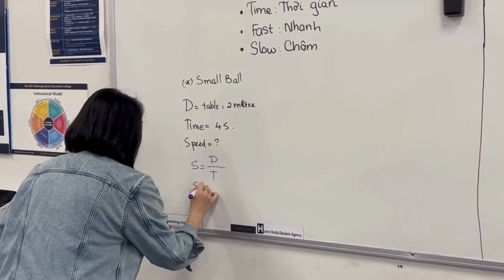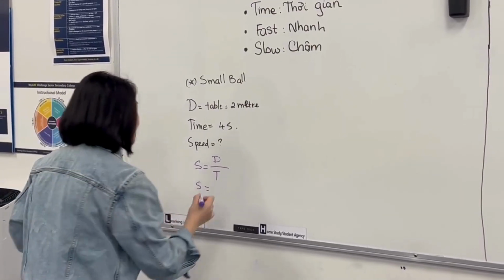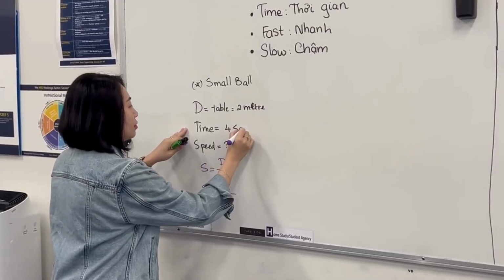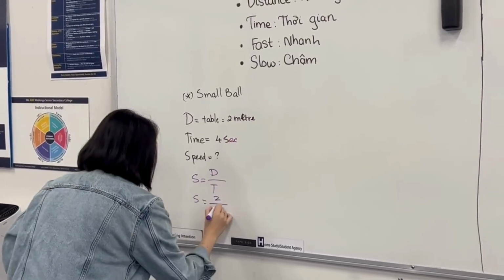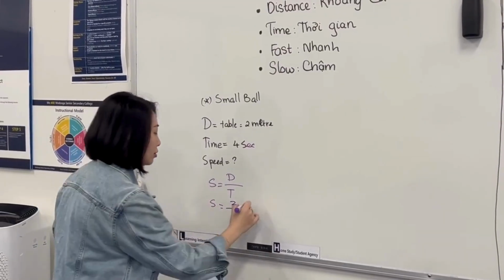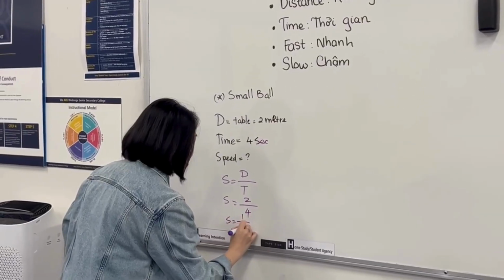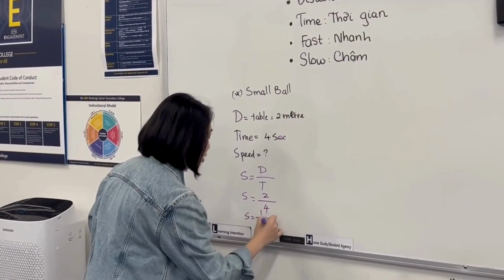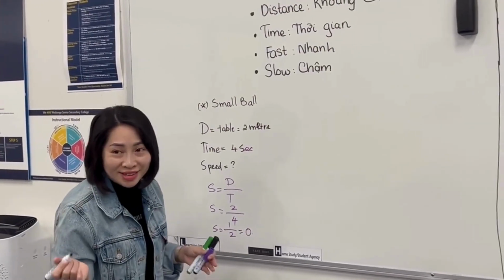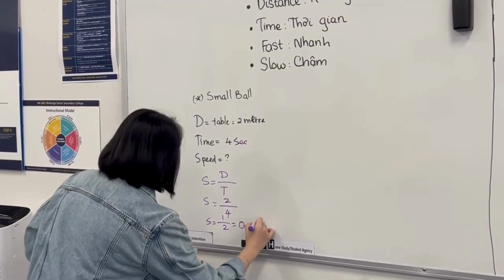How much for distance? Yes, 2 meters. And how much for time? 4 seconds. So we have 2/4, and then we simplify this by 2 and get 1/2. And the answer is, everyone? Yes, 0.5.